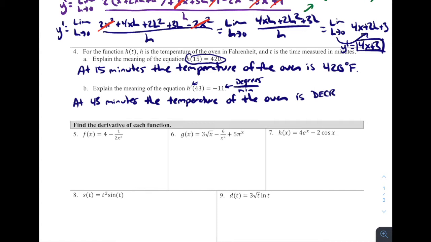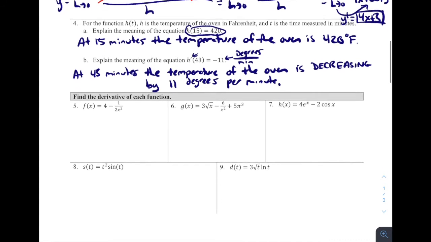It is getting smaller by 11 degrees per minute. So at that particular moment, we are saying that the temperature of that oven is decreasing by 11 degrees per minute at 43 minutes.